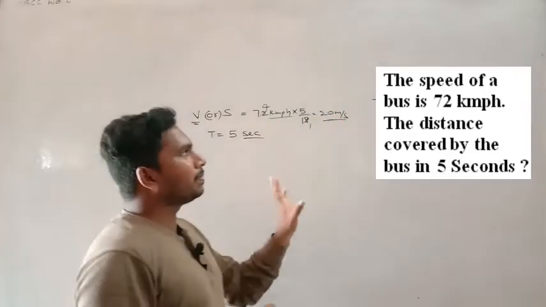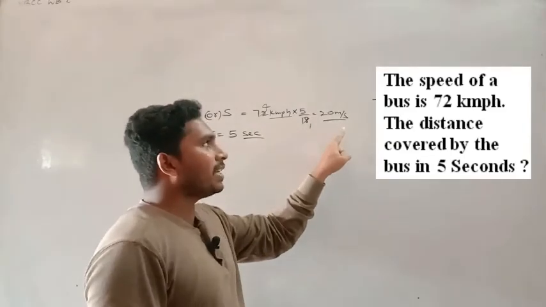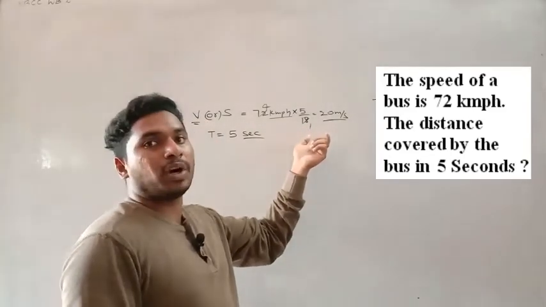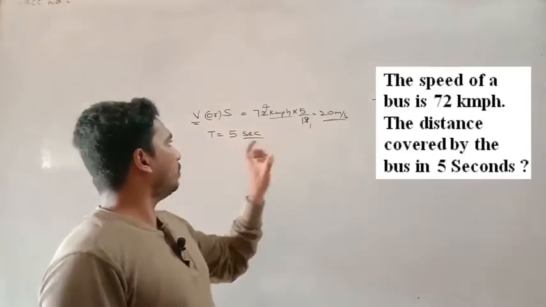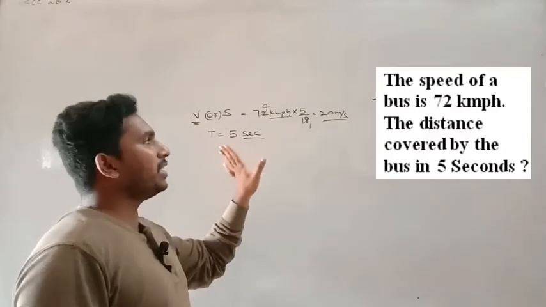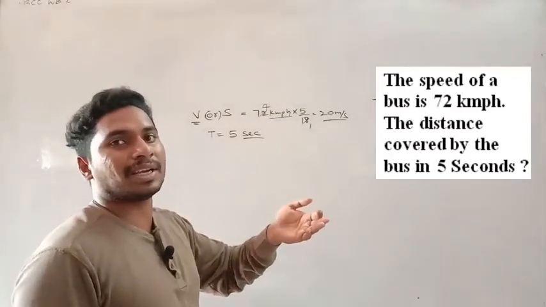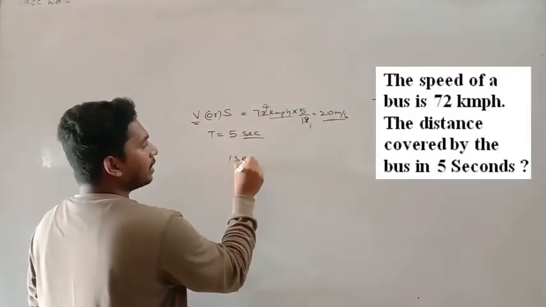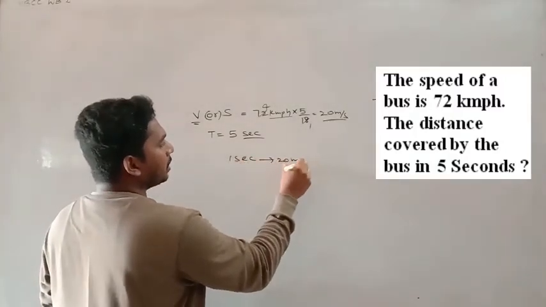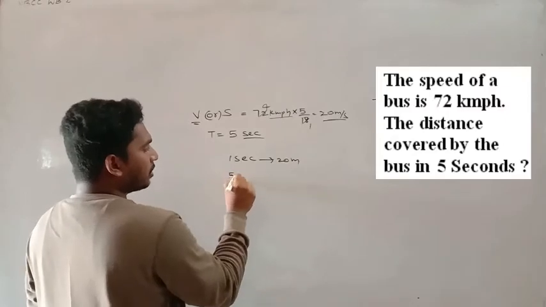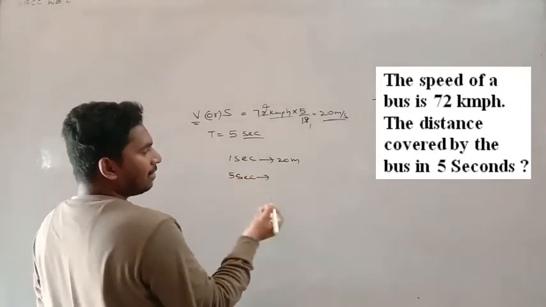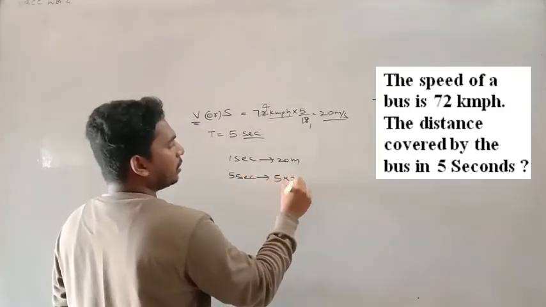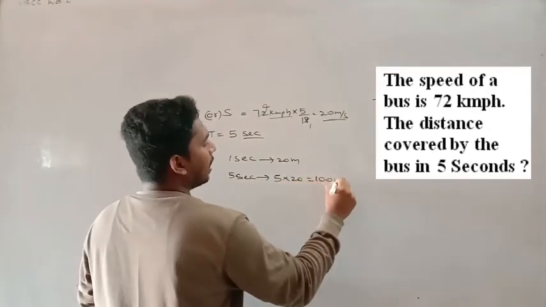So what does it mean actually? Per 1 second it travels 20 meters. Then after 5 seconds, what will be the distance traveled? For 1 second it travels 20 meters, so for 5 seconds, 5 into 20, that is 100 meters.